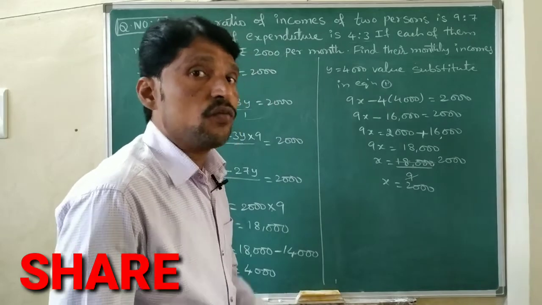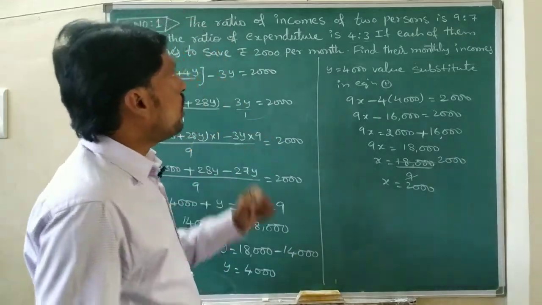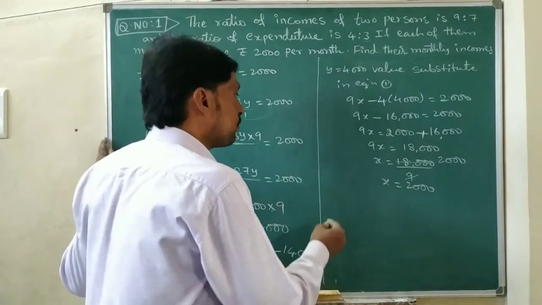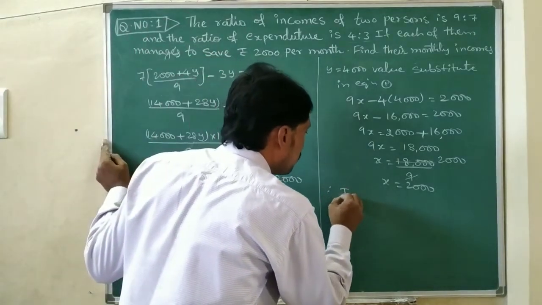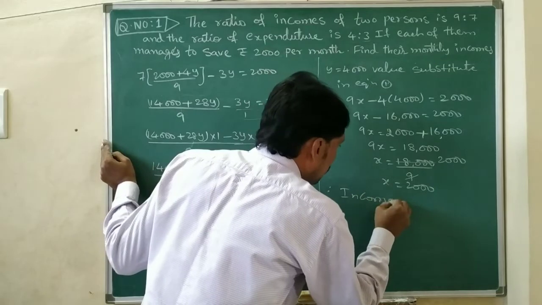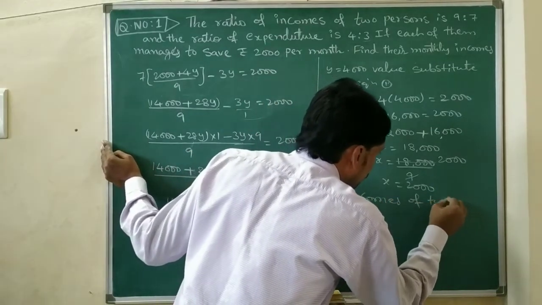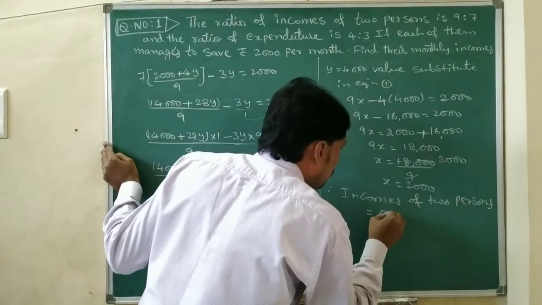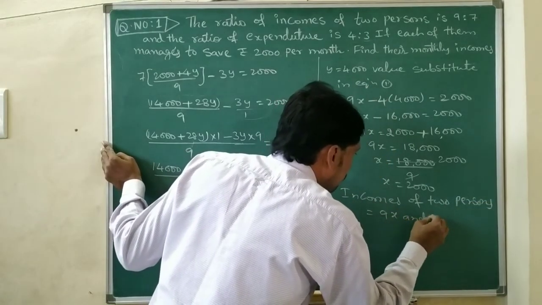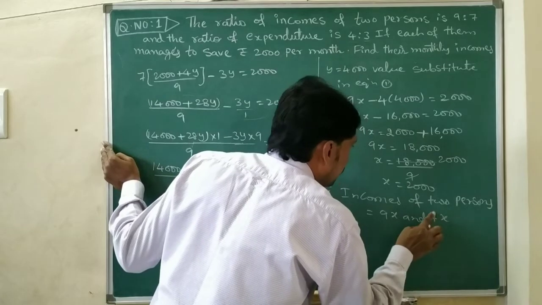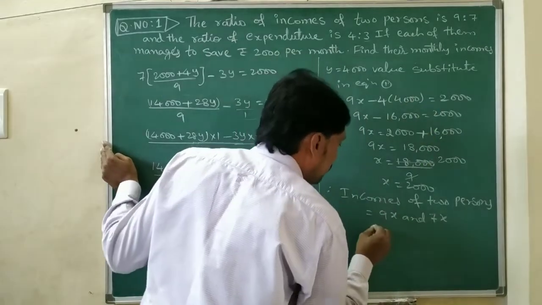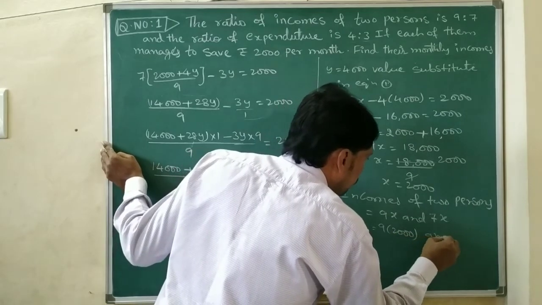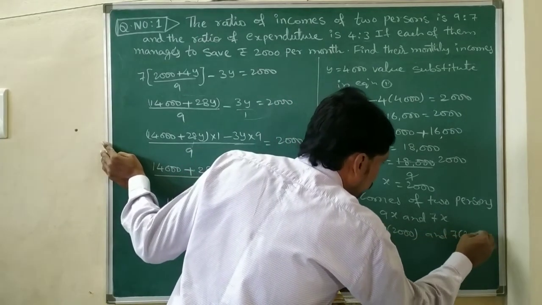x means what? What we took as the x value? The x value we took. Incomes of 2 persons we took. So therefore, incomes of 2 persons equal 9x and 7x, that equals 9 into 2000 and 7 into 2000.